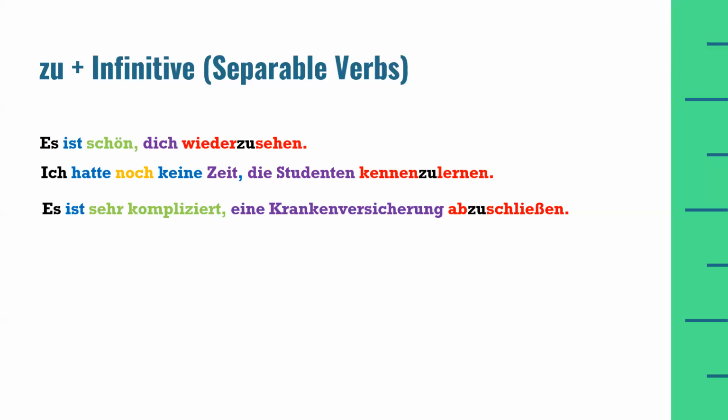Eine Krankenversicherung. Now, abschließen means to conclude, to complete. Abschließen is a separable verb, and the two parts are ab and schließen. Therefore, we have put this zu between these two parts. So instead of saying zu abschließen, which will be wrong, we have to use abzuschließen.